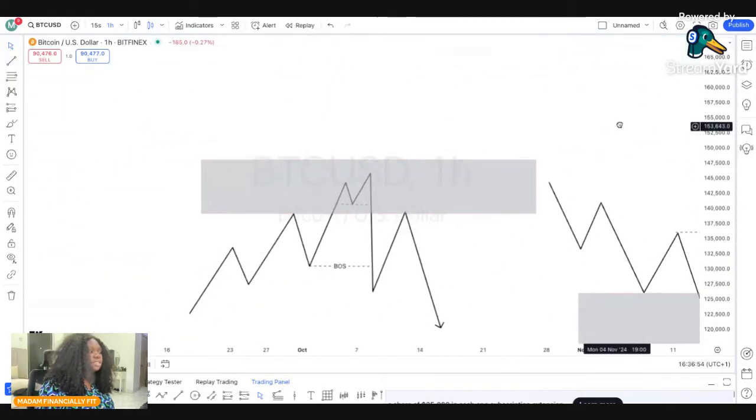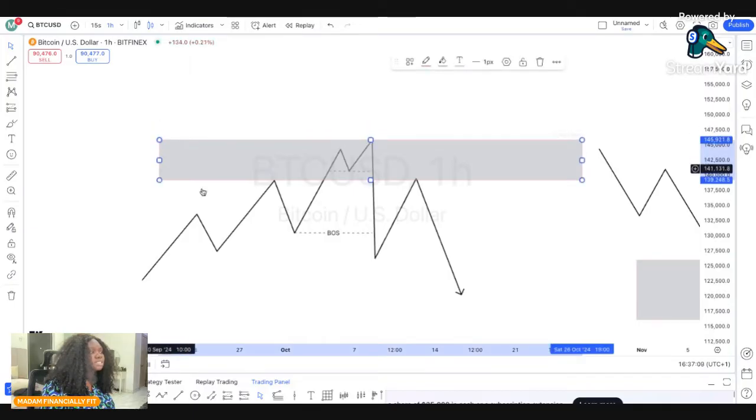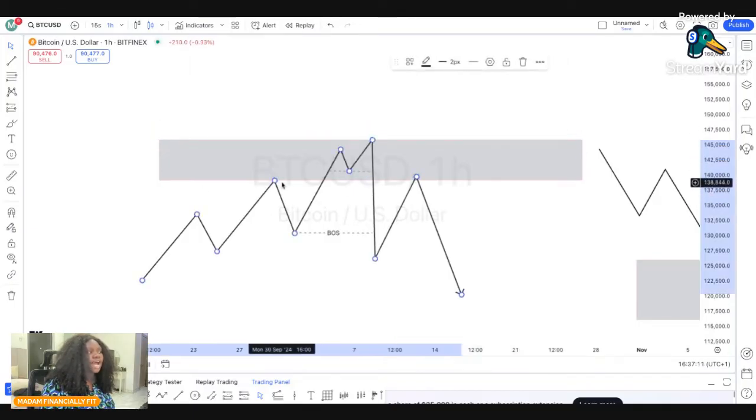Now, this is a proper diagram. Let's say I have found a great zone for a sell on the 4 hour time frame. This box is representing that zone that I found on a very high time frame.